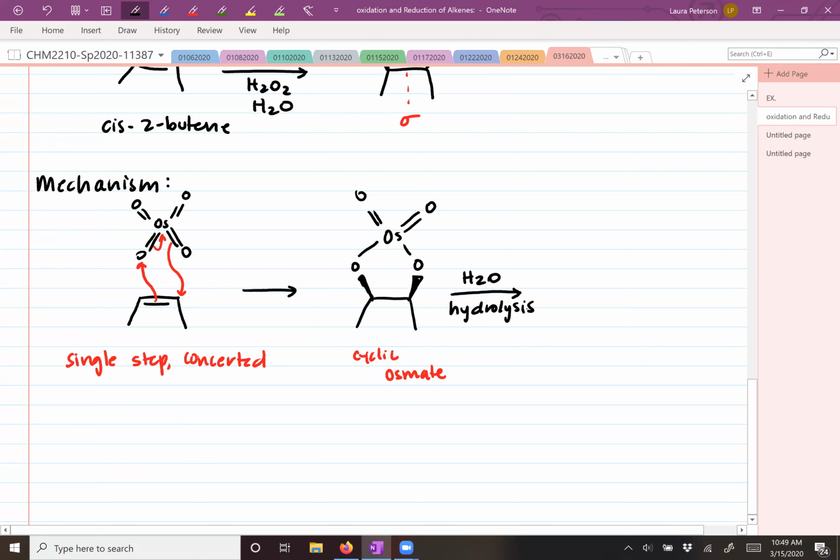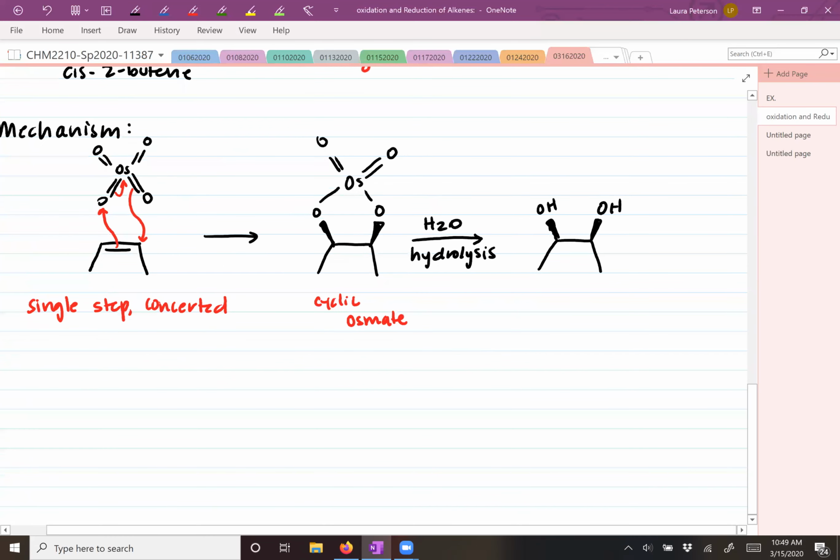What it basically means is we're going to use water to break bonds. Specifically, we're going to use water to break the osmium-oxygen bonds to free up our diol product. So the product of hydrolysis is going to be our syn diol, our product of interest.